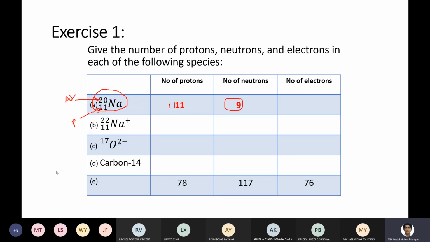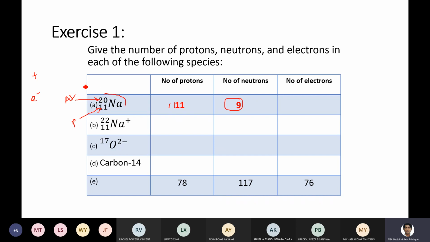Number of electrons: for this element it is considered 0. There is no charge here, right? Zero charge, no charge here. That is why it is neutral. So we know that protons are positively charged and electrons are negatively charged.